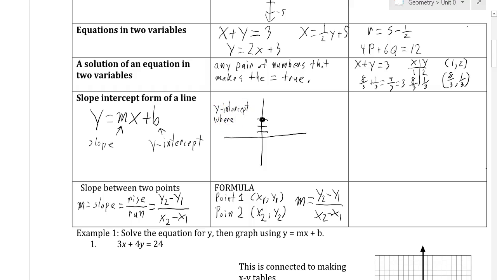And when I say where you, I mean where the line. It's a very good starting place. You get your y-intercept.